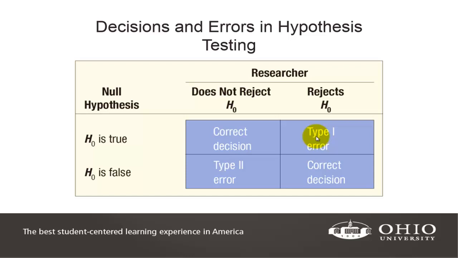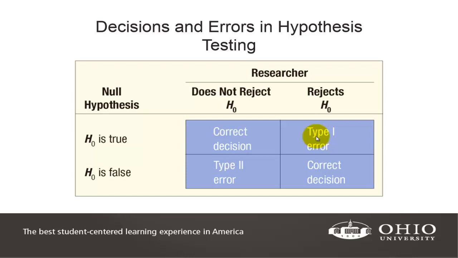So if you say, I'm going to set my level of significance to be 0.05, what you are saying is, I am willing to take the chance that I will conclude that the null hypothesis is not true when in fact it is true. I'm willing to take that risk at the 5% level. I'm willing to take a chance of that happening 5 out of every 100 times.